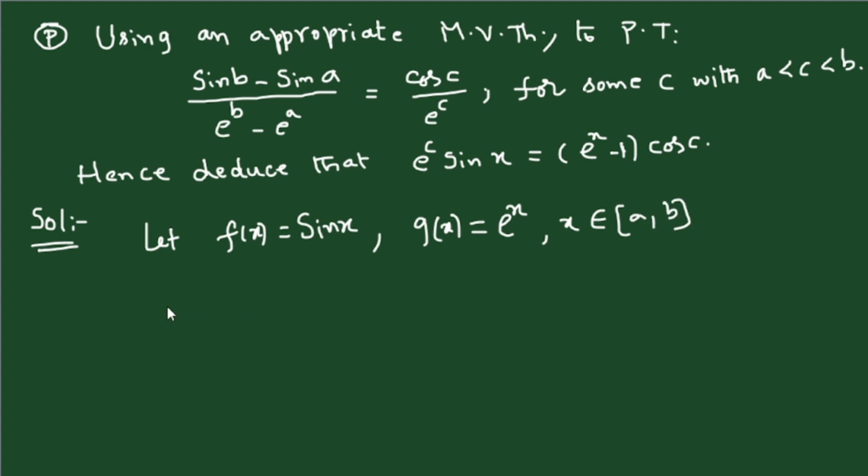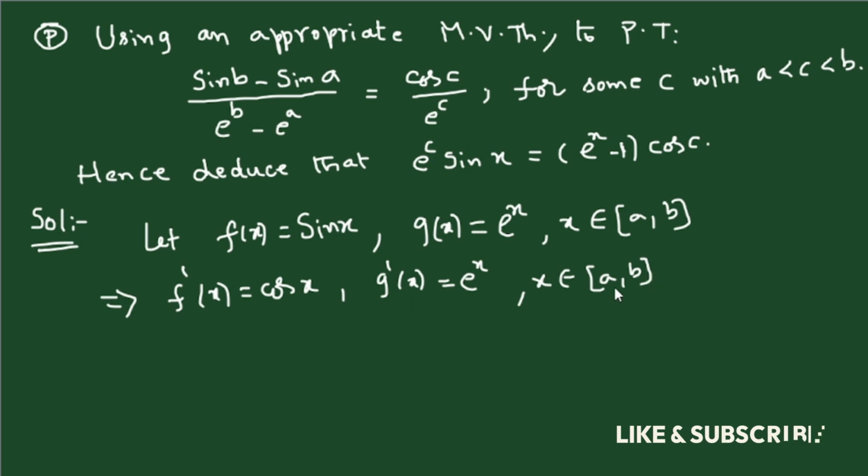Right? Then, what about f'(x)? f'(x) is cos x, and g'(x) is e^x. Right? So, for any x belonging to (a, b), clearly the sine function and exponential function are always continuous and differentiable everywhere.